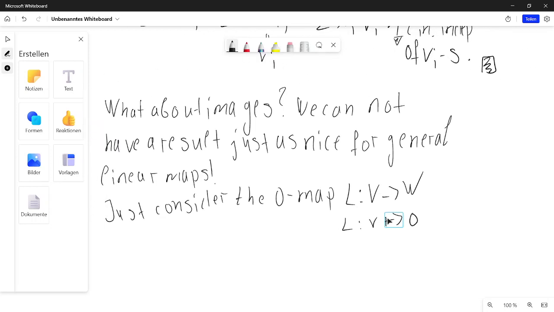Just consider the zero map, and you already see the images are linearly dependent. More linearly dependent you can't get. No matter what vectors you choose here, it's just the same vector, and on top of that, it's not just the same vector, it's the same vector that is the zero vector, right? More linearly dependent you simply can't get.